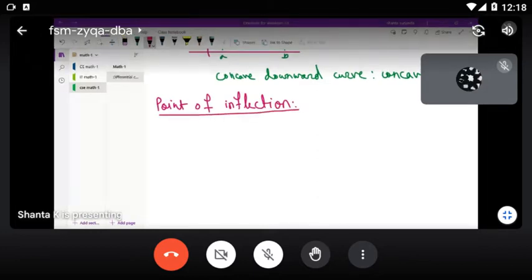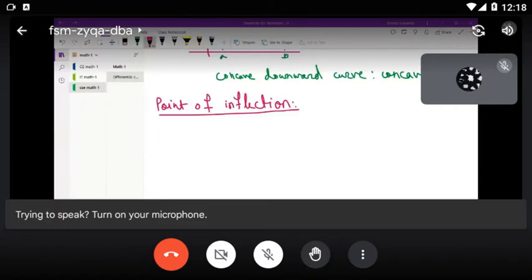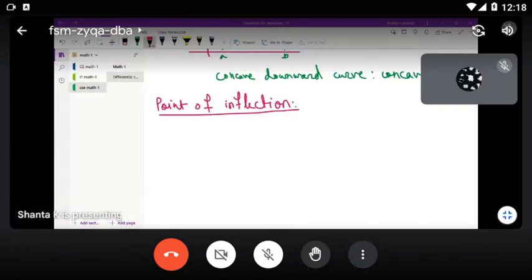The point where a function changes its concavity, and where the double derivative of a function is zero, plus that point should not yield either maxima or minima. So the point of inflection is where double derivative is zero. That's the condition you said.